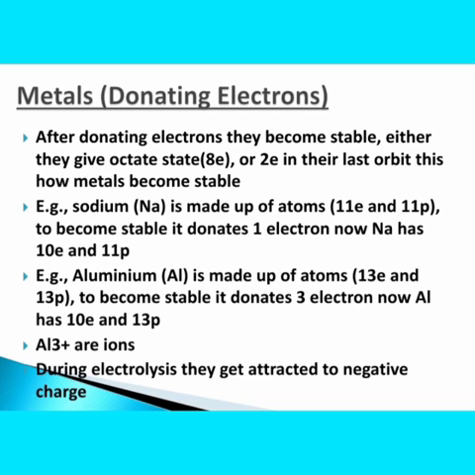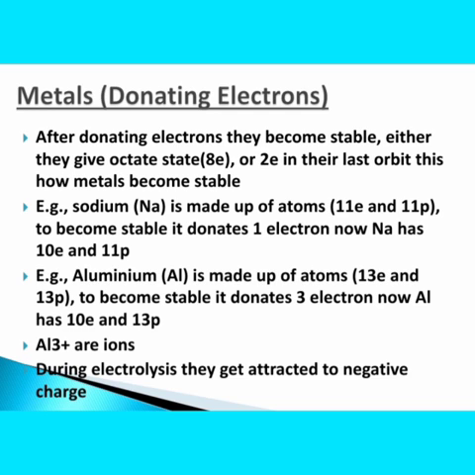After donating electrons, for example in any metal like Na, which is made up of particular atoms, it donates electrons to make itself stable. Either they can reach the octet state, that is 8 electrons, or 2 electrons in their last orbit. This is how metals become very stable, that means they don't change.